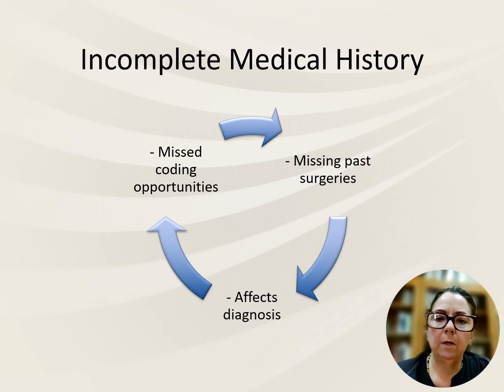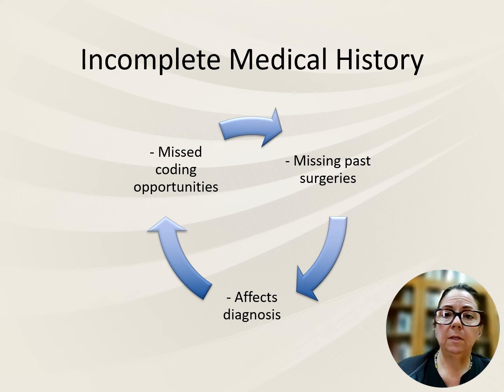And while we're talking about history, an incomplete medical history, like not documenting a patient's past surgeries or significant family medical history, maybe an amputation, missing information about past illnesses and family history can impede accurate diagnoses and treatment planning. Incomplete histories can lead to miscoding opportunities and affect reimbursement accuracy.